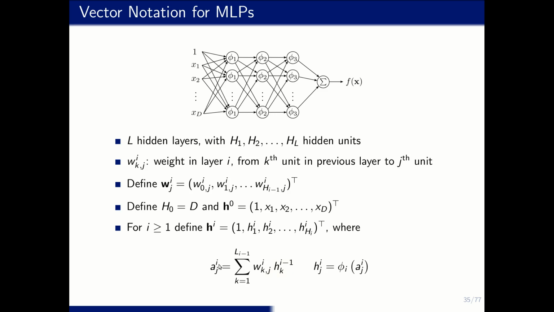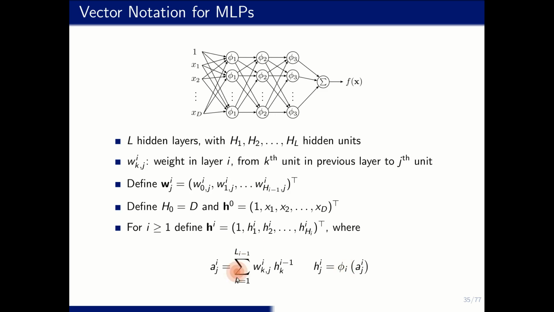So we're talking about the ith layer, and i minus 1 is all the hidden units from previously. So if i is 2, we are talking about this layer, and then i minus 1 would be the outputs of this layer. So this is the activation in the ith layer and jth unit, and then the output of the unit is actually just applying this nonlinearity.